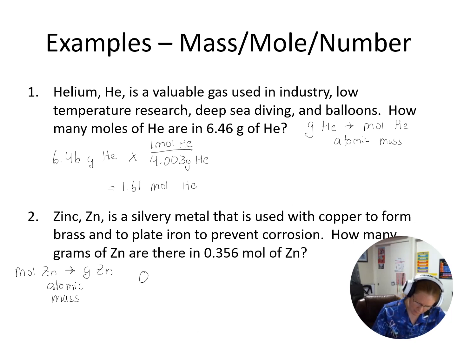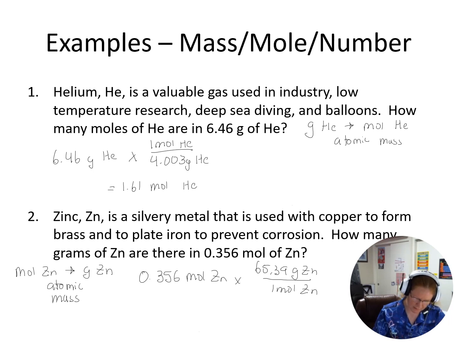So I'm going to take my 0.356 moles of zinc. Okay, and I'm going to put grams on top this time. So I'm going to get 65.39 grams of zinc in every 1 mole of zinc. And we end up with 23.3 grams of zinc.